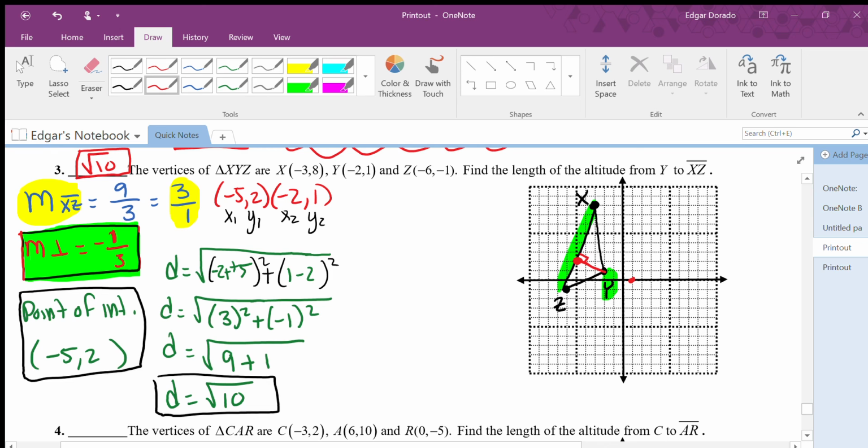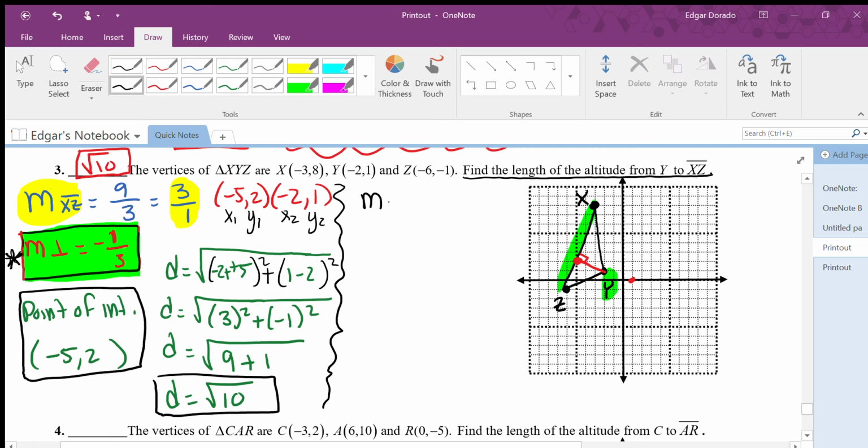Now, I told you guys already that in this question, all they wanted us to do is find the length. But I want you guys to practice with writing the equation. I want you to know how to write the equation of that red line, that altitude that I have there. So what two things do I need? I need to know the slope of it, and I already have it.